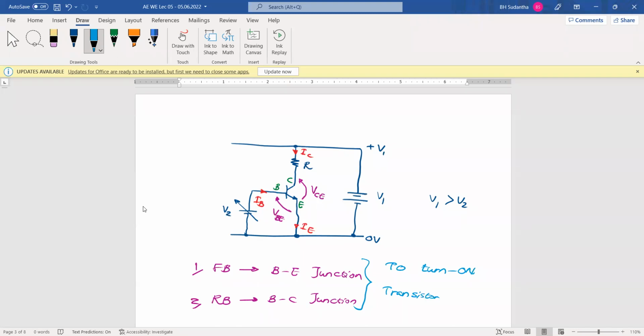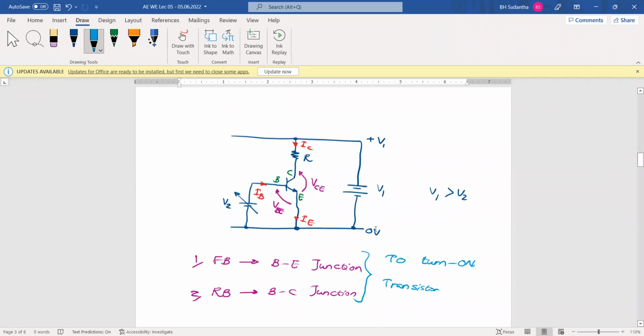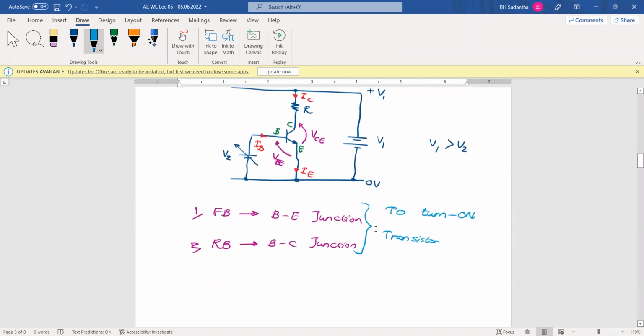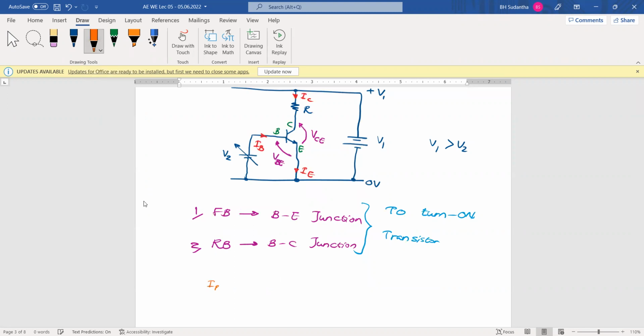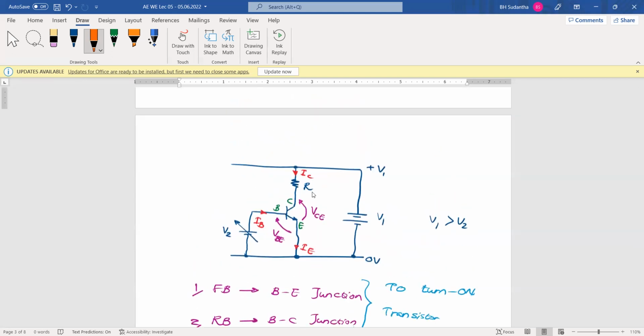Now with that, several parameters came into the picture. What are those? We have different currents, that is base current, collector current, and emitter current, and two different voltages, base to emitter voltage and collector to emitter voltage. In addition to that, we have the supply voltage.